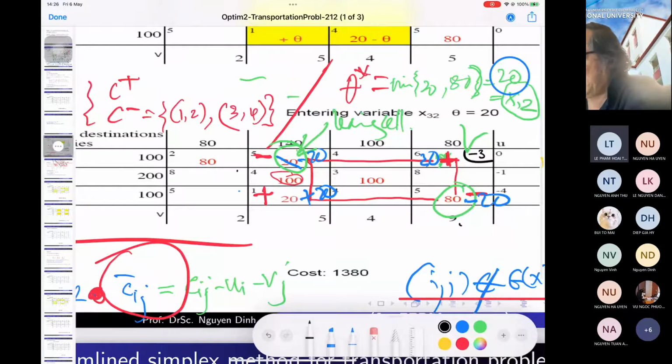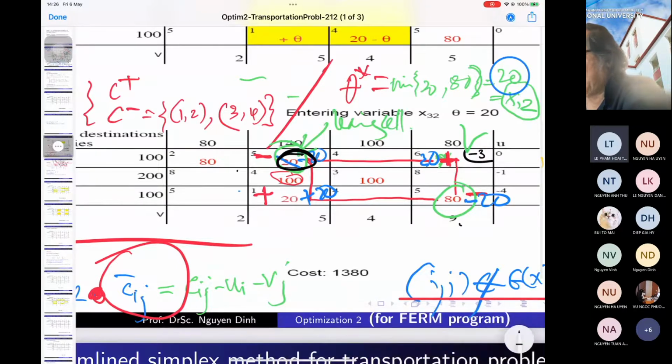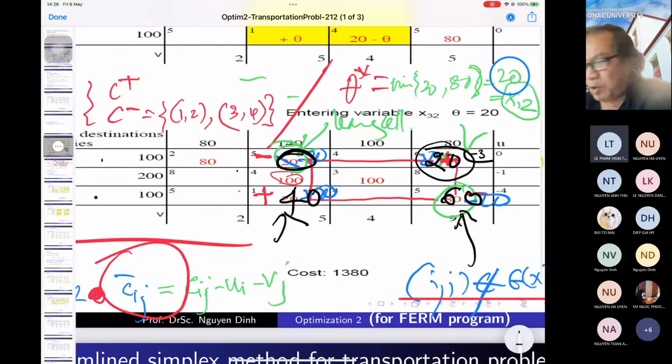Now this one becomes 0, this is 40, this is 60, this is 20. Everything else is the same, but x12 is 0, x32 becomes 40. At the beginning it is 20, now it is 40. This one at the beginning is 80, now it becomes 60. And this one at the beginning is 0, now it becomes 20.